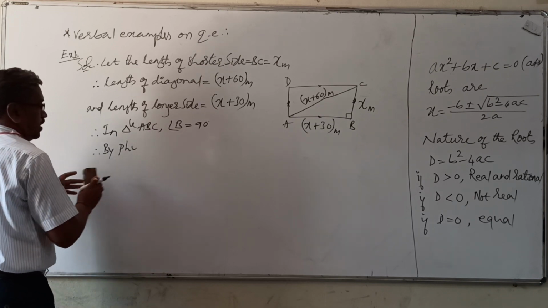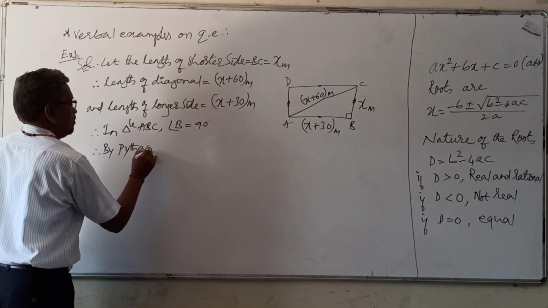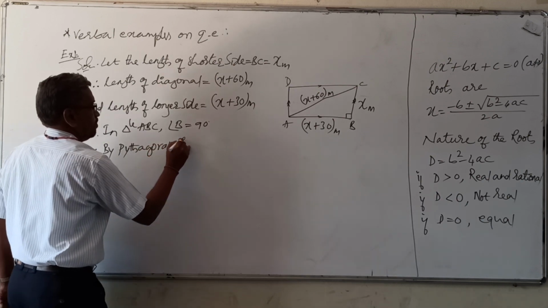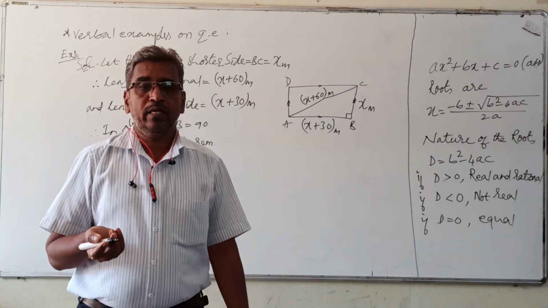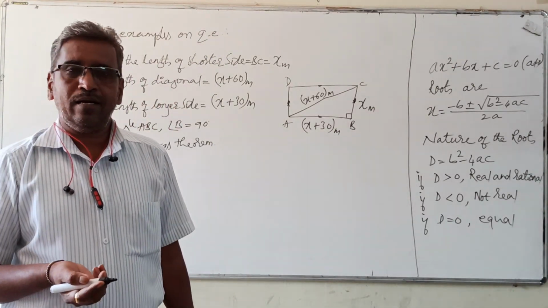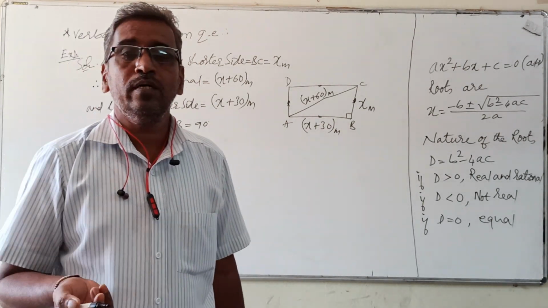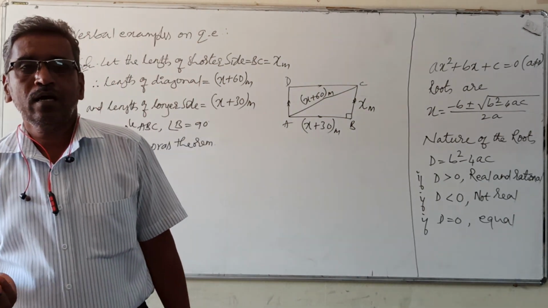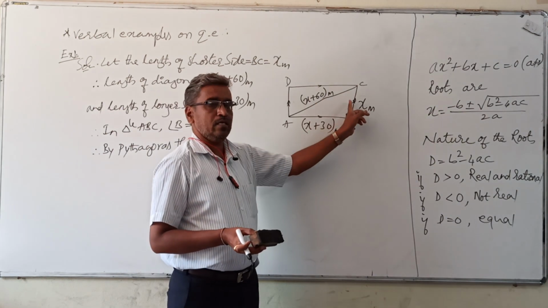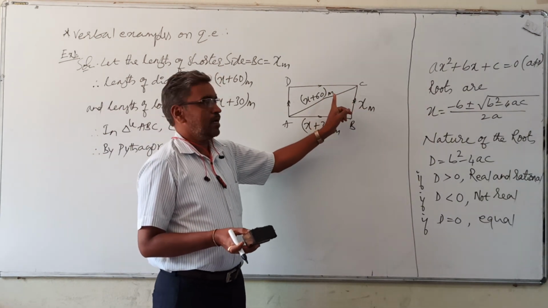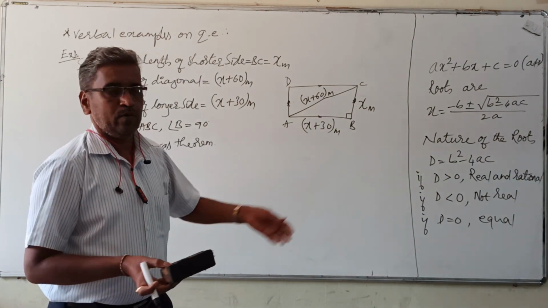Just I can remind you, the Pythagoras theorem tells that in a right angle triangle, the square on the hypotenuse is equal to the sum of the squares of the remaining two sides. So here in this triangle ABC, AC is a diagonal, so the diagonal itself becomes the hypotenuse.